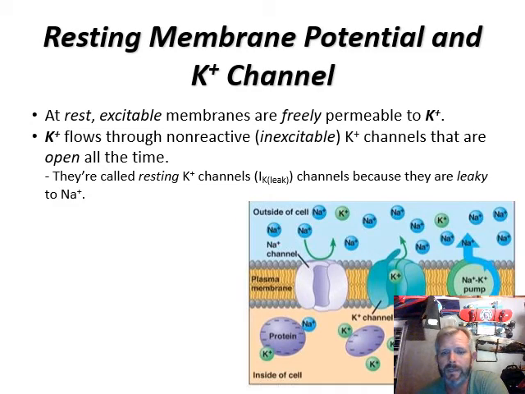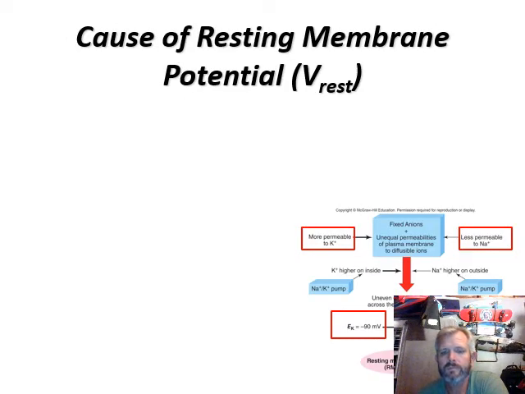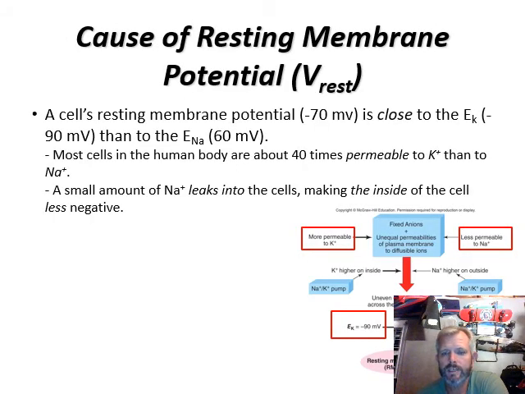And I'm just going to beat it down some more: the resting leak channels. We are more leaky to potassium than we are to sodium, and therefore that is why we're at that negative 70 millivolts. This is actually a pretty good diagram of the cause of the resting membrane potential.